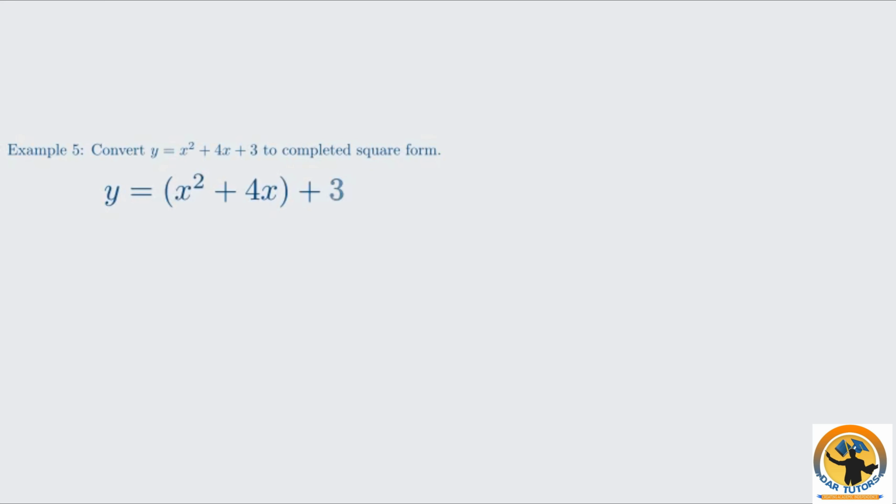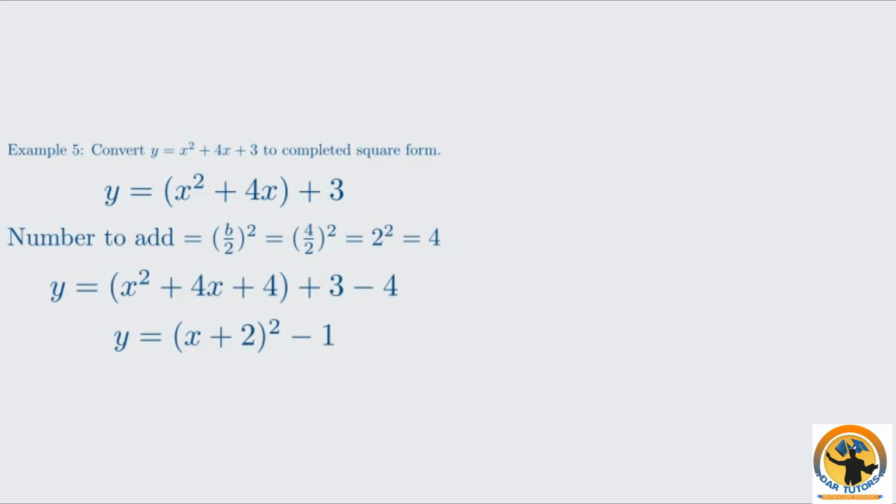The first step is to focus on the x squared and x terms. We need to find a number to add to these terms to create a perfect square trinomial. The formula for the number needed is the quantity b over 2 squared. Here b is 4, so we need to add 4 over 2 squared, which is 2 squared, or 4. To keep the equation balanced, if we add 4, we must also subtract 4.